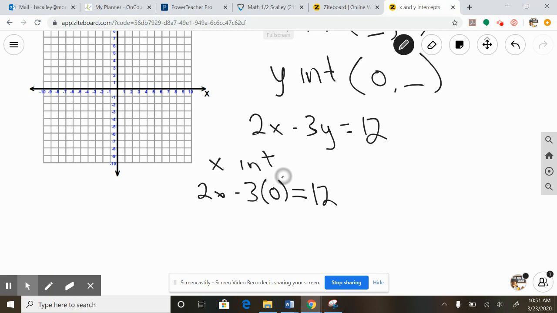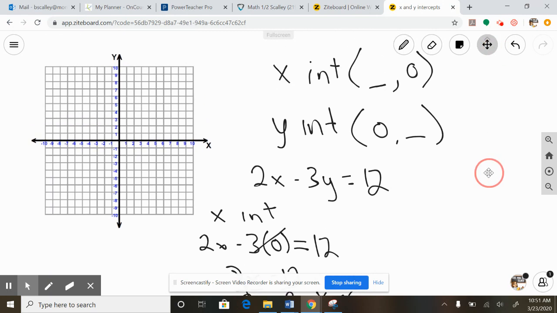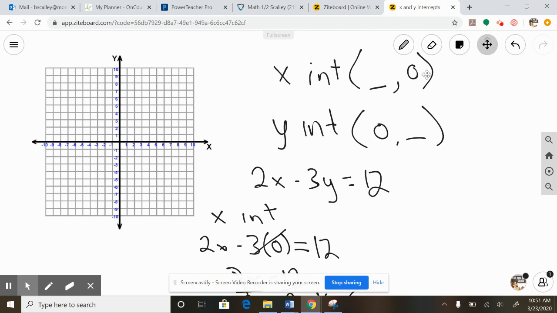Well, 3 times 0 is just nothing, right? So basically I have 2x equals 12. And I can divide by 2 and figure out that x equals 6. So I go back up here. When my y-coordinate was 0, my x-coordinate was 6.